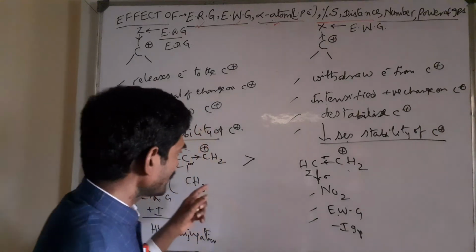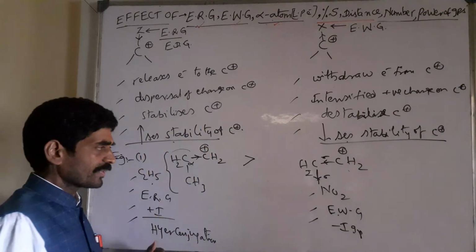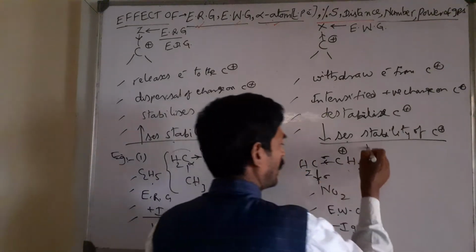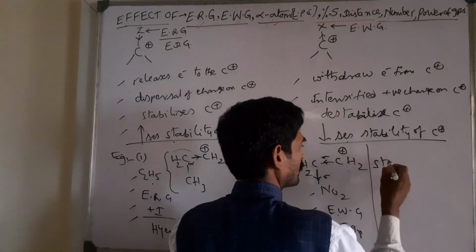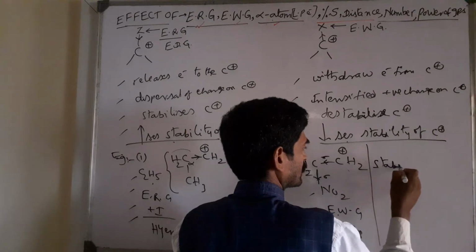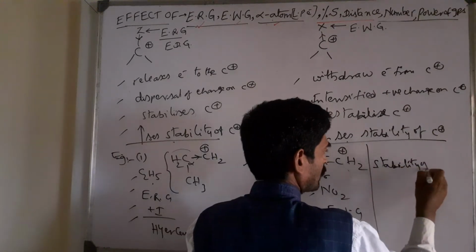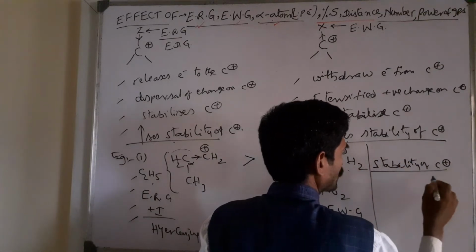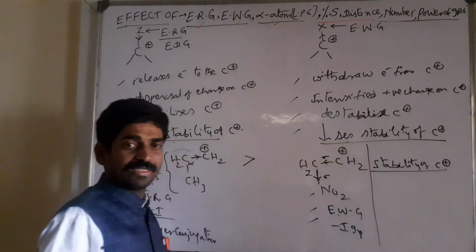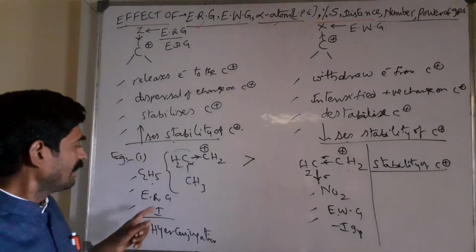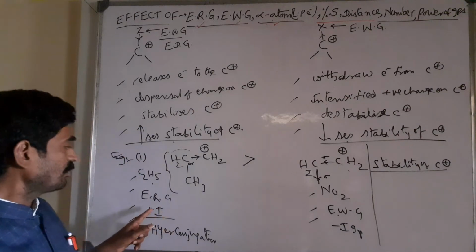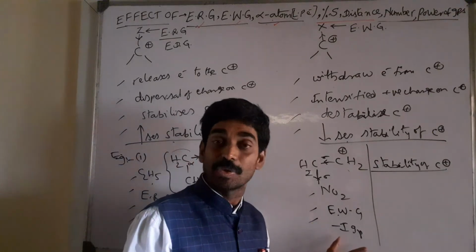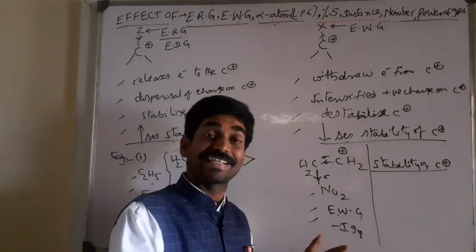So you will get a conclusion here. The stability of a carbocation is influenced by electron releasing groups and also electron withdrawing groups. It is directly proportional to plus I groups: if an electron releasing group is there, it increases stability. It is inversely proportional to minus I groups: if a withdrawing group is there, it decreases stability.